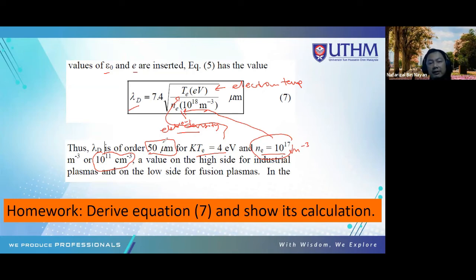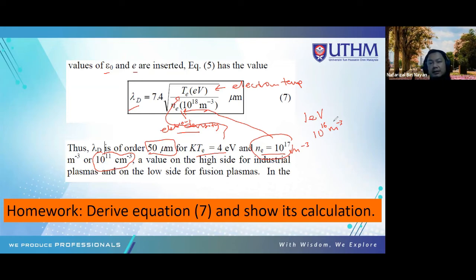This is how we can also calculate, for example, for a fluorescent floor lamp at home. It is around 1 eV, and the density is maybe almost the same, maybe 10 to the power of 16 per cubic meter, something like that.